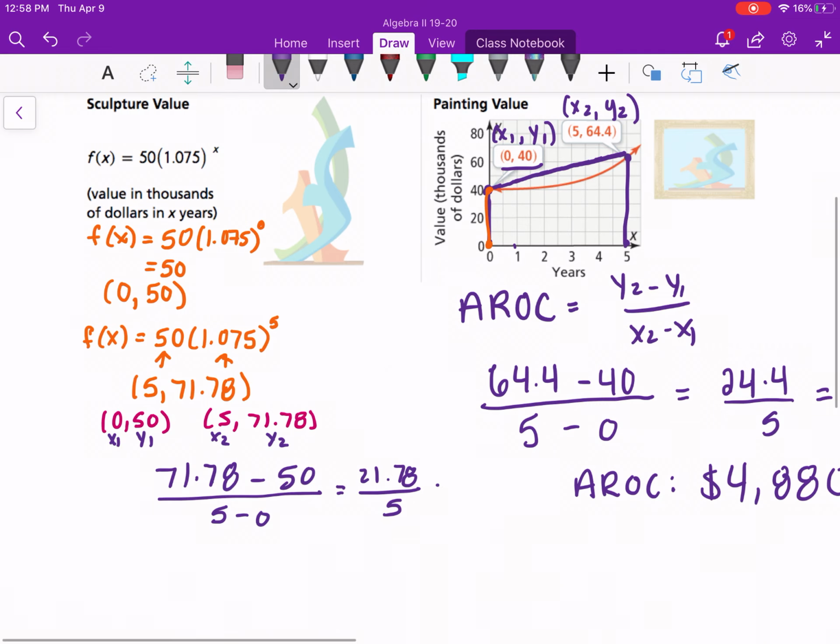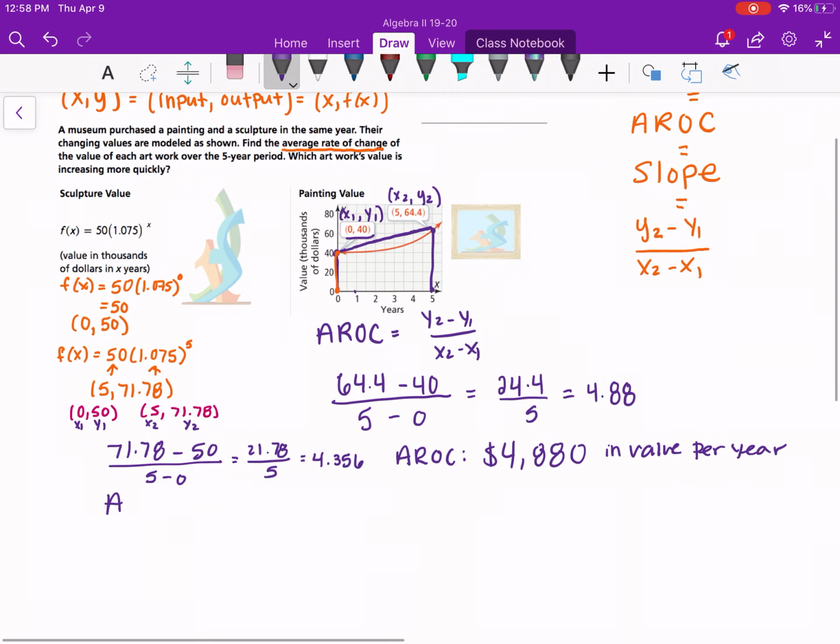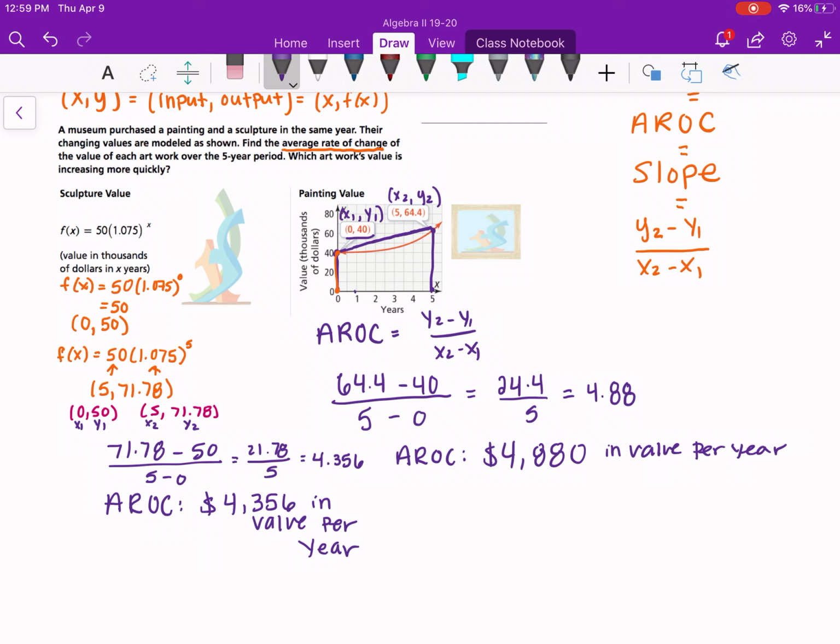And then that simplifies to 4.356, meaning that the sculpture has an average rate of change of $4,356 in value per year. So every year that this art gallery keeps this sculpture, it increases about almost $4,400 in value.